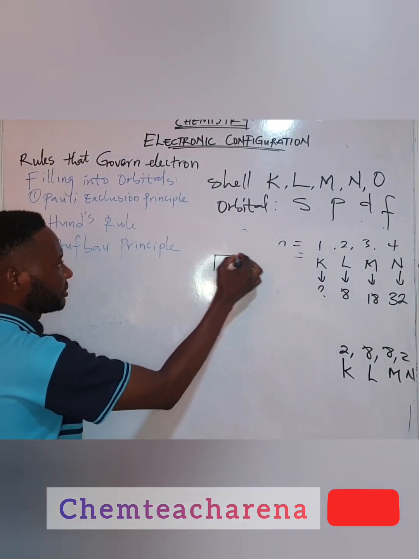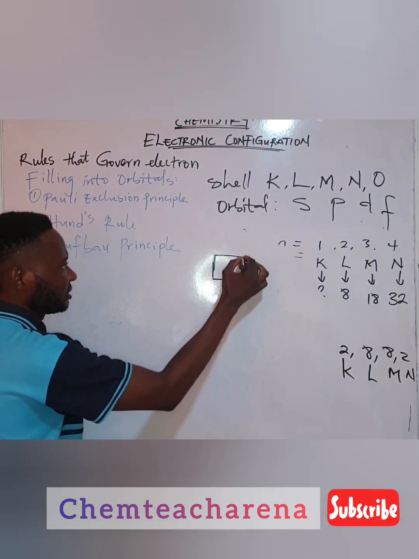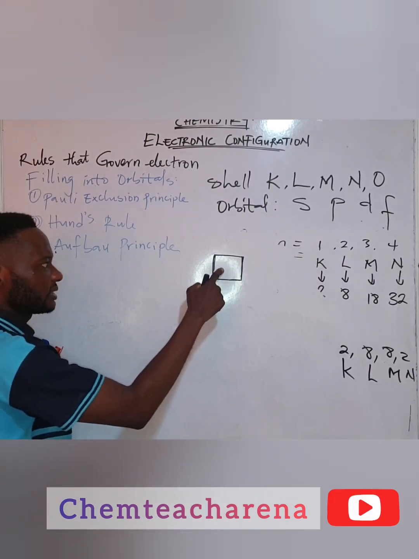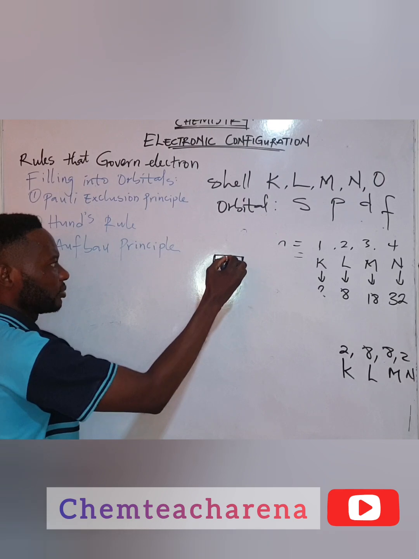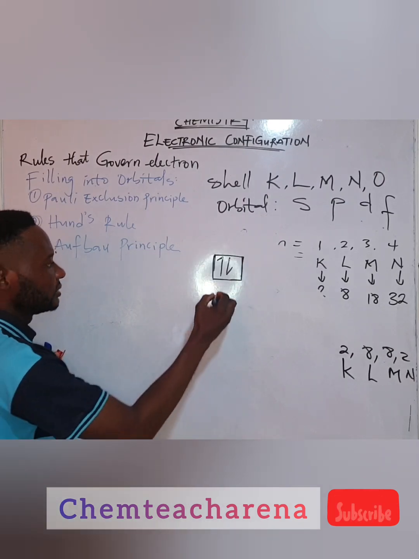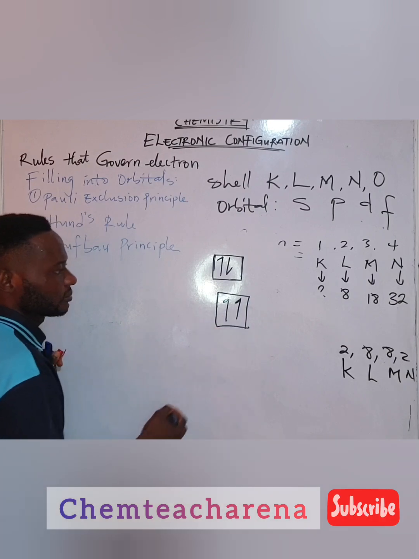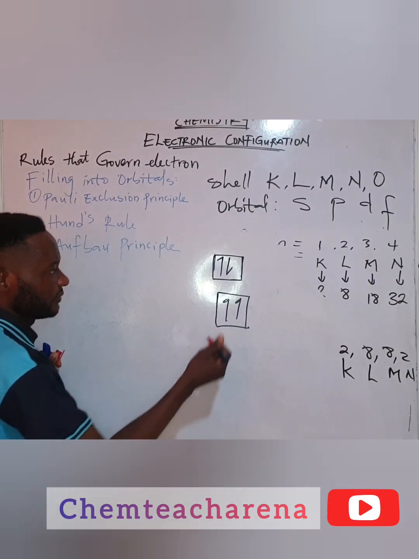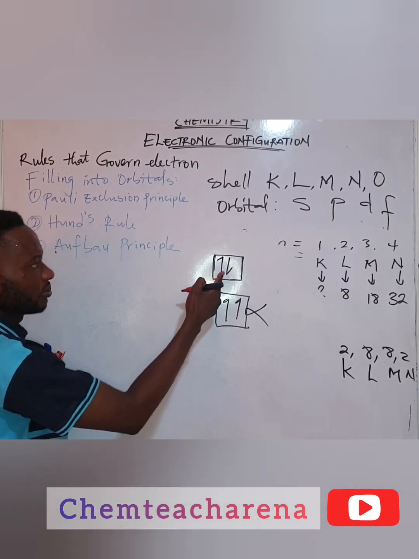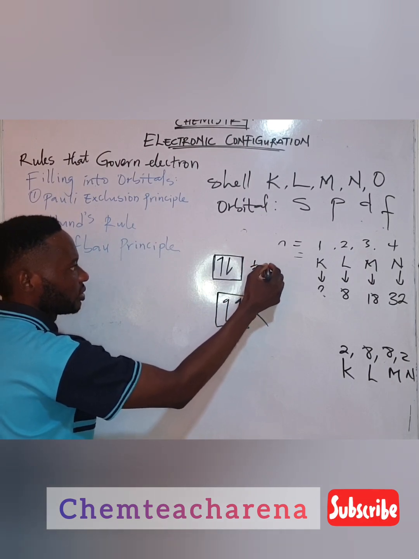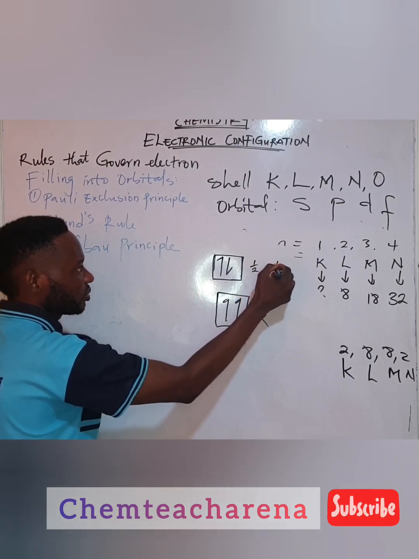This is an orbital. Let's represent an orbital with these small balls. Now, when two electrons are filled inside here, they must have opposite spin. They must not be like this. Do you understand? If it is like this, you are wrong. So they must have opposite spin, which is one is 1/2, the other one is -1/2.